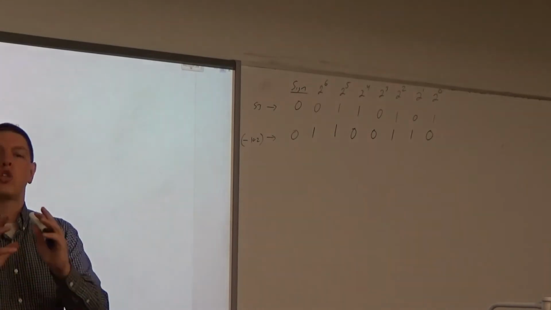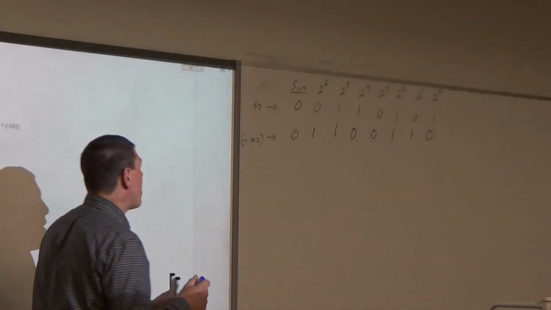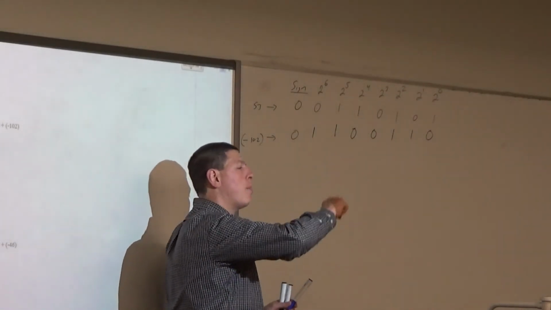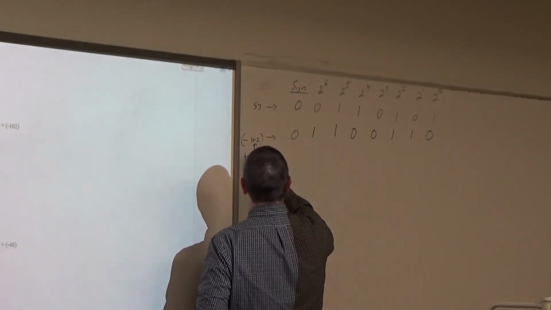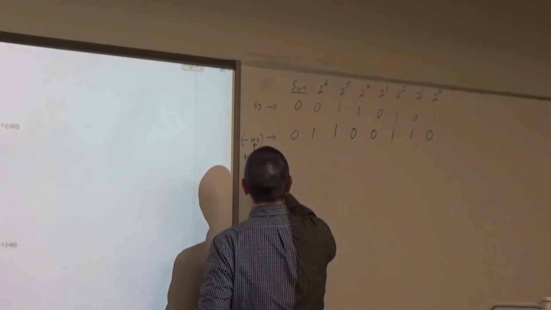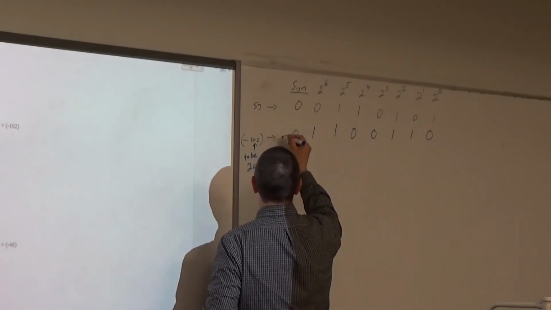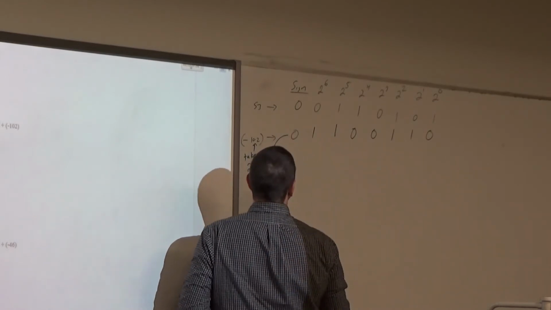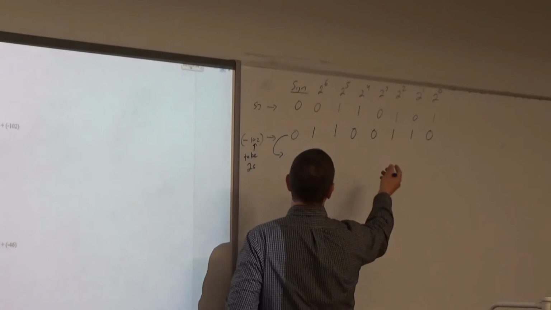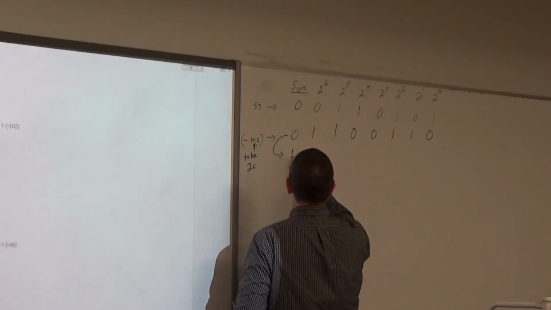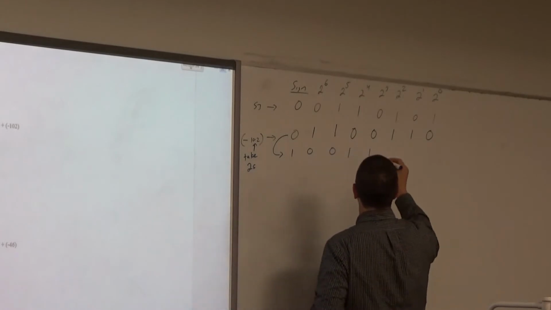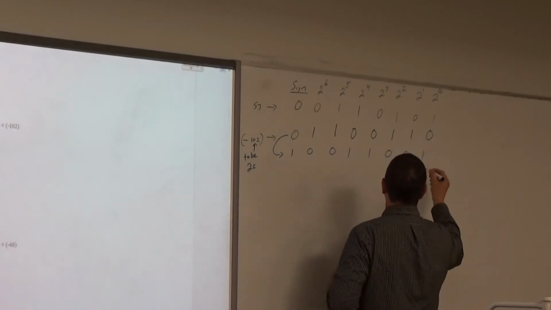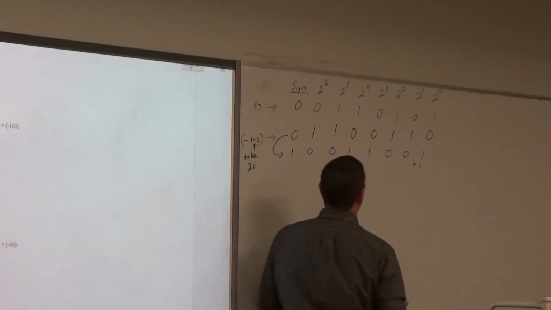Okay? So we start with 0, but remember, anytime we have a negative, we're going to take the 2's complement of that. So this guy right here, since it's negative, we're going to take our 2's complement of this. The 2's complement, we just flip the bits and then we add 1. So it's going to be 1, 0, 0, 1, 1, 0, 0, 1, and then we add the 1.